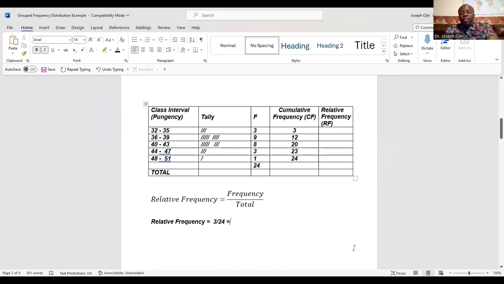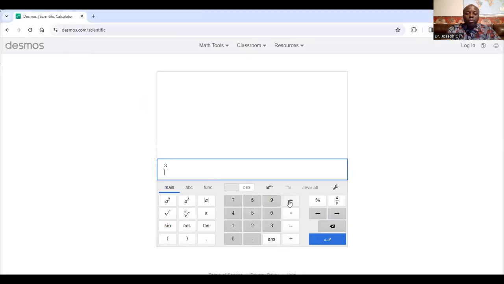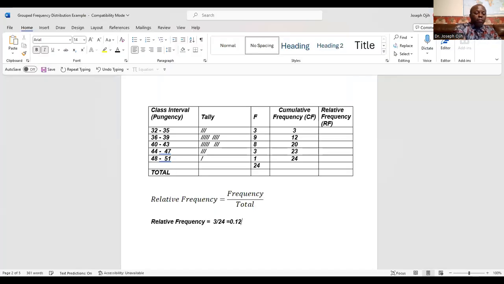Using the calculator, 3 divided by 24 gives 0.125.